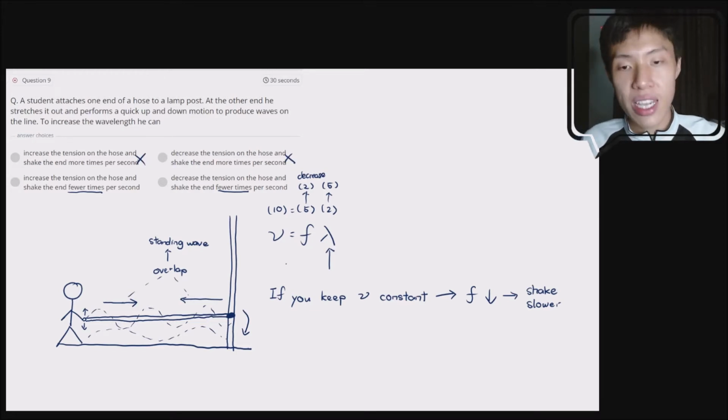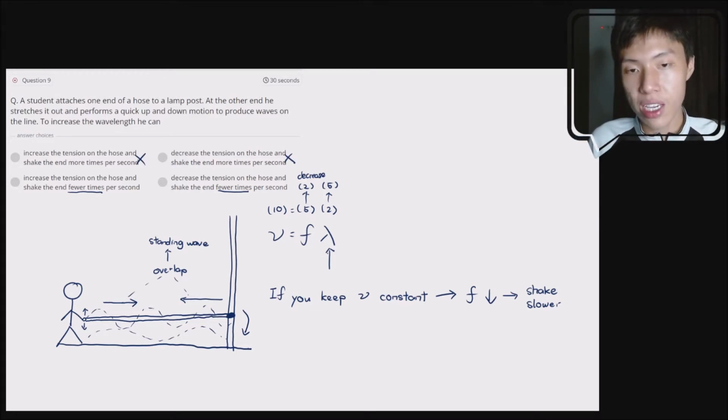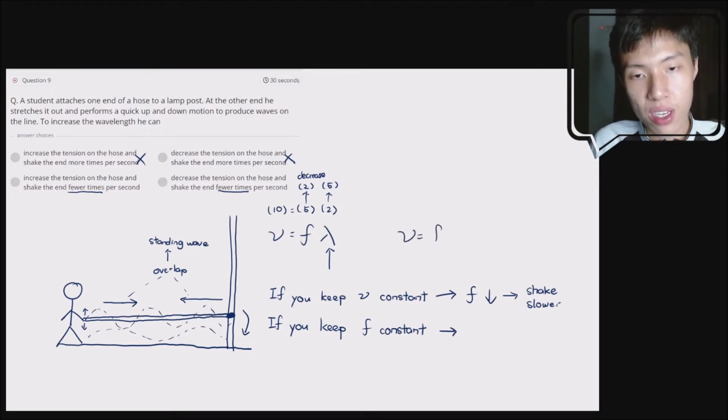Okay, the next way of increasing the wavelength is if you keep the frequency constant. Okay, if you keep the frequency constant, the next situation, v equals f lambda.